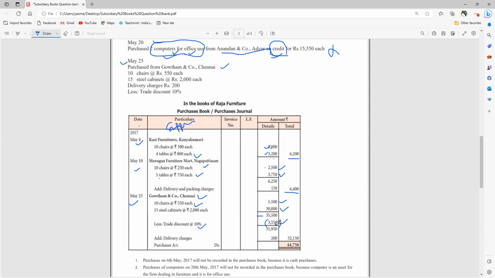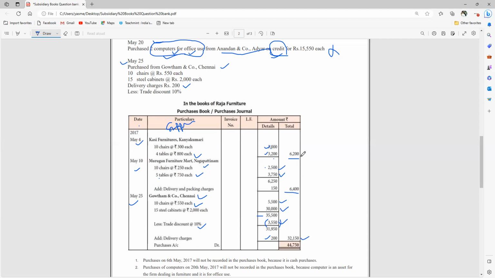35,500 minus 3,550 is equal to 31,950. Now we need to add the delivery charges which are incurred to buy these chairs and cabinets. So add the delivery charge of rupees 200 to this 31,950, and we will get a total of 32,150.